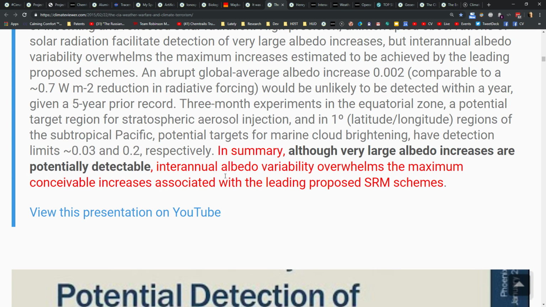The answer is no. In summary, although very large albedo increases are potentially detectable, meaning maybe, possibly, interannual albedo variability overwhelms the maximum conceivable increases associated with the leading proposed solar radiation management schemes.